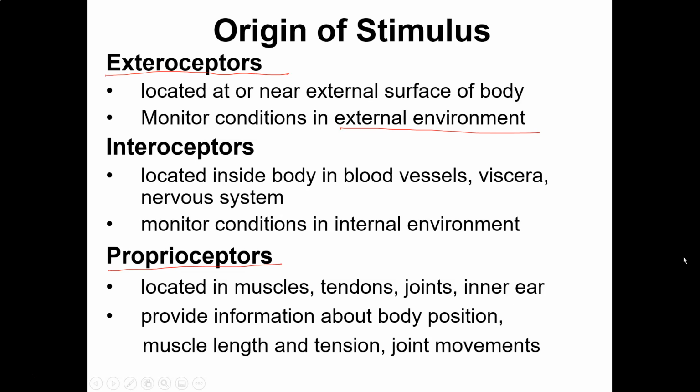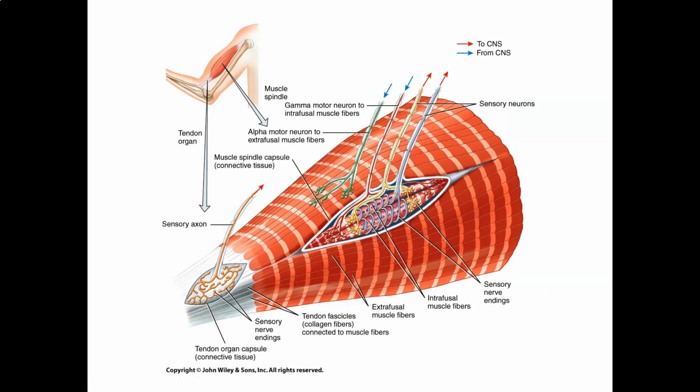I'm going to show you a diagram which has some proprioceptors in it. So here's a skeletal muscle, and then here's a tendon that's coming over and attaching to a bone. Okay, and we have proprioceptors both in the muscle. So if you look at this blue neuron and this yellow one, these are both sensory neurons. Usually we're used to talking about motor neurons when we talk about muscle, and most of them are motor neurons.